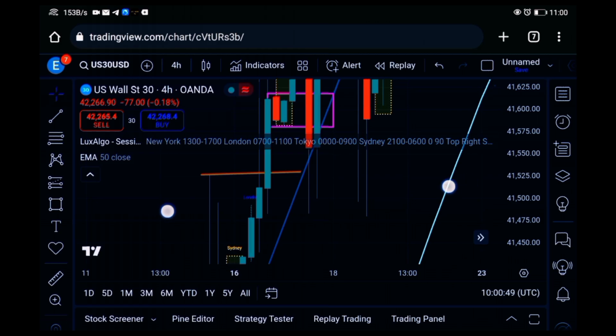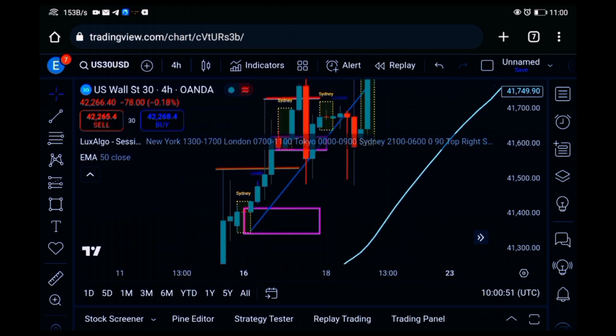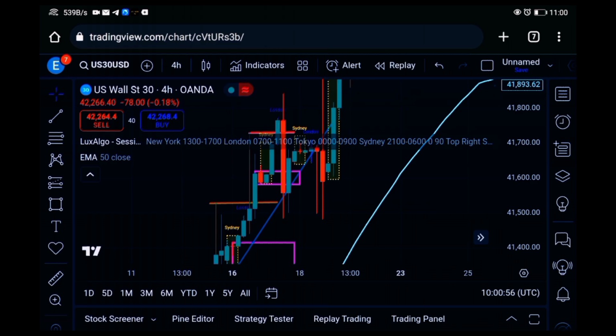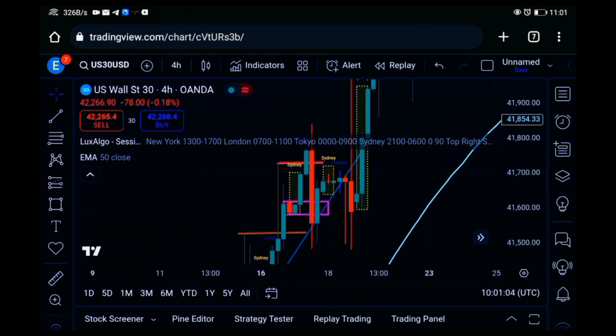You know the trend by using the 50 EMA. Once the market is above the 50 EMA, it shows you that you are only going to be taking a buy trade. As the market is above the moving average, that shows you the market is going up. So you know your trend.